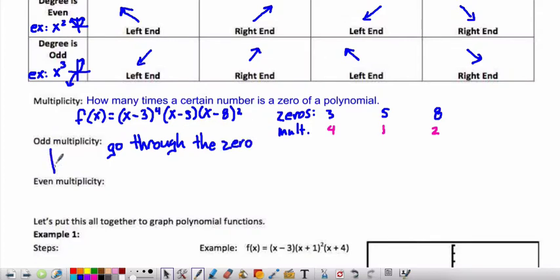Our most famous one, when we think of this, is x cubed, there's a zero at x, and it's going through, as opposed to the even multiplicity on x squared, where there's a zero, it does not go through it, it bounces at the zero.